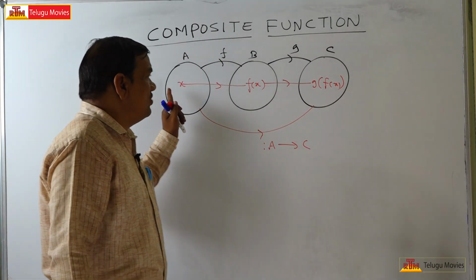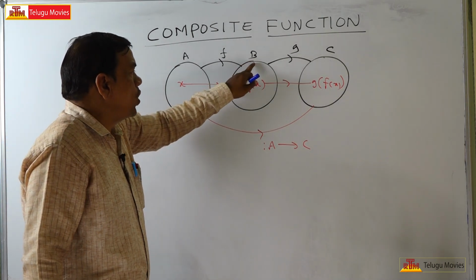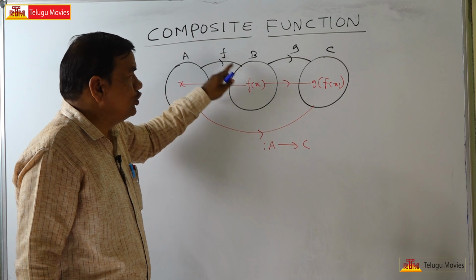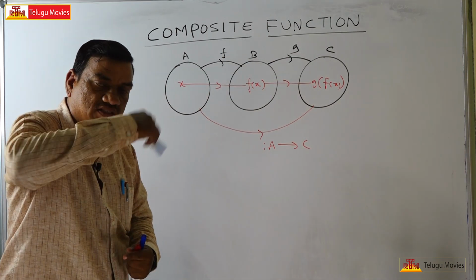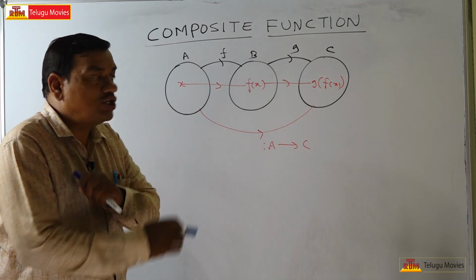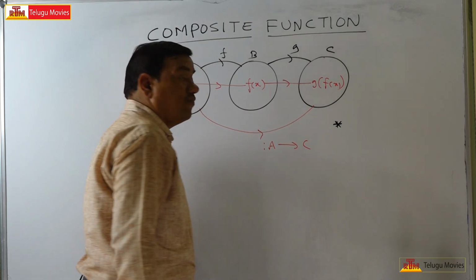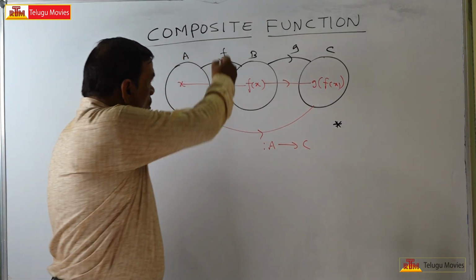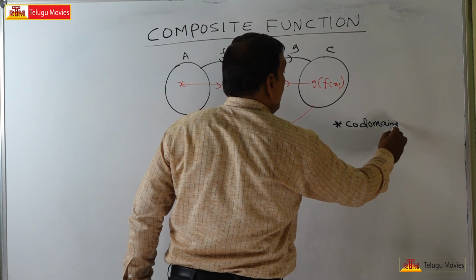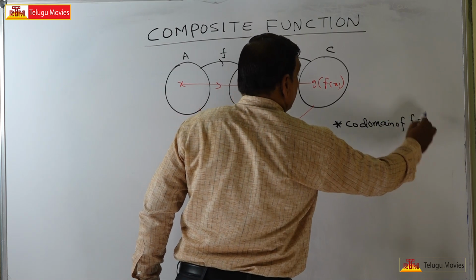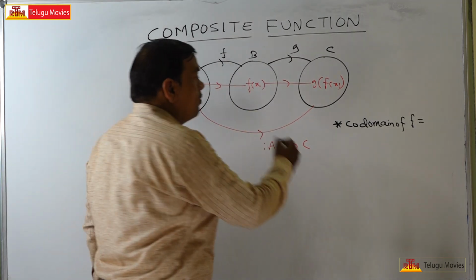To make a function from A to C, the condition is that the codomain of f should be equal to the domain of g. That means the center element is there, so that should be common. The first condition to be followed is: codomain of f, that is B, is equal to domain of g.